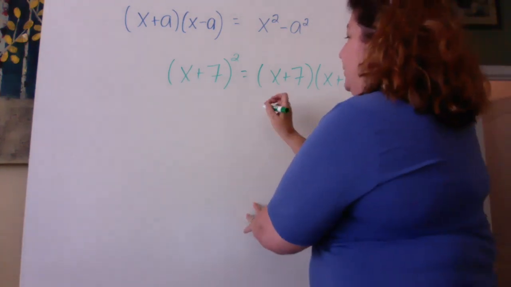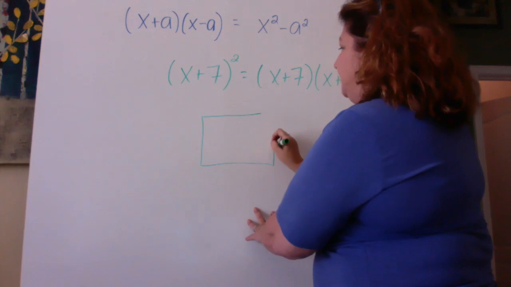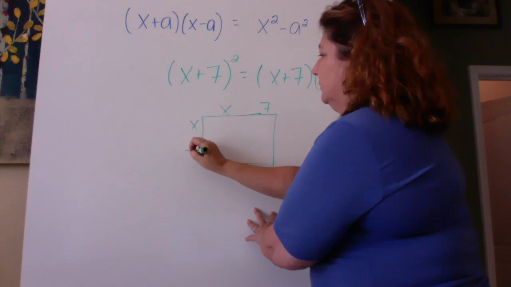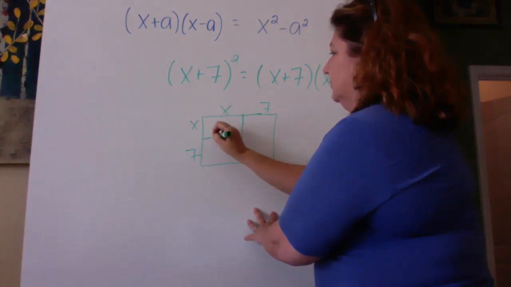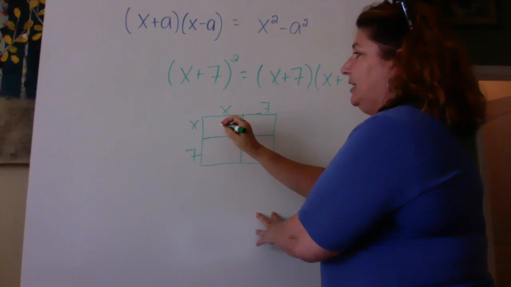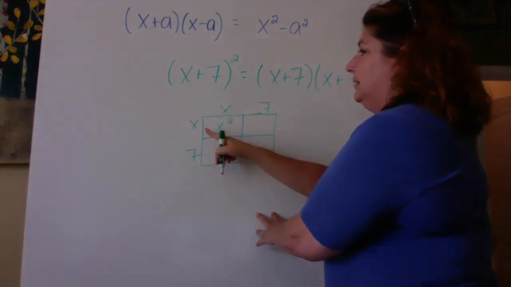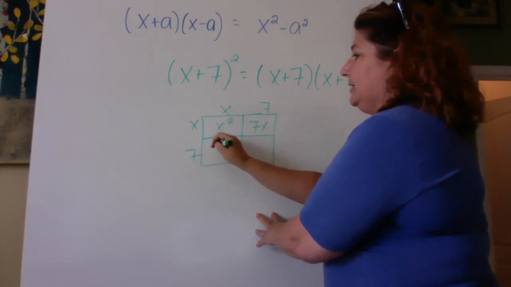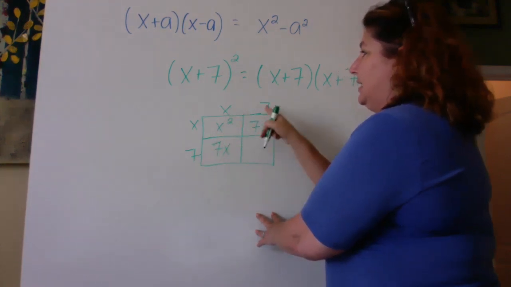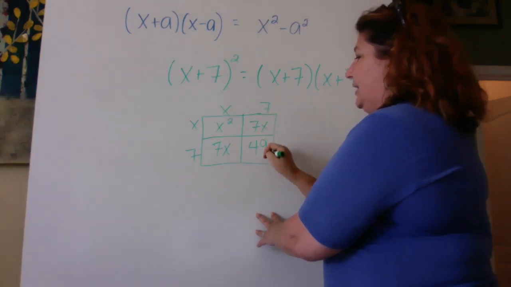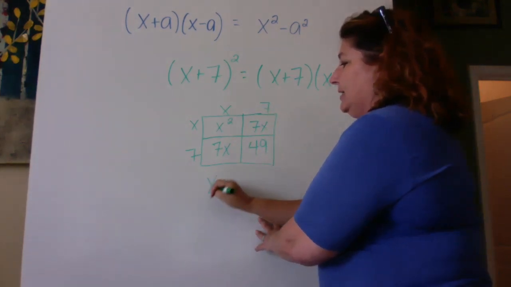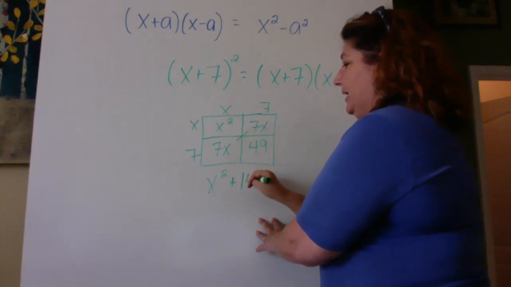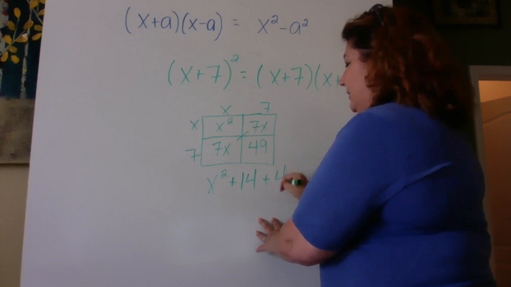I'm going to use the area model. I multiply x times x and I get x squared. x times 7 is 7x. 7 times x is 7x. 7 times 7 is 49. So I'm looking at x squared, 7x plus 7x is 14x, plus 49.